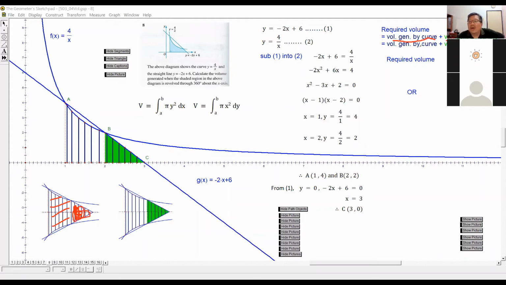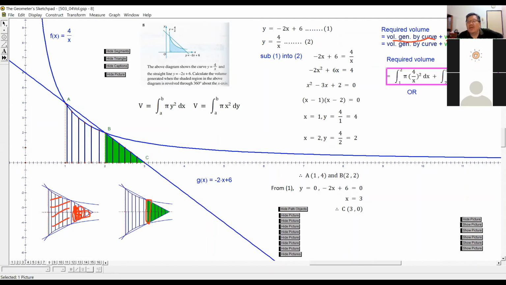Now the volume generated by the straight line is a cone. This is a cone like that with a round base. Now, there is another way to find the volume generated by the cone.